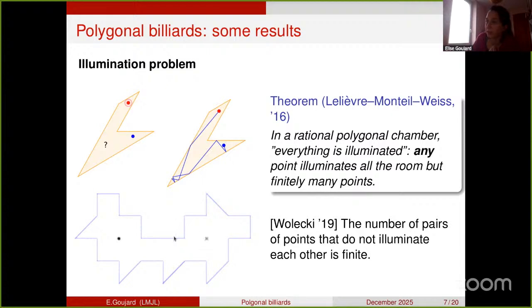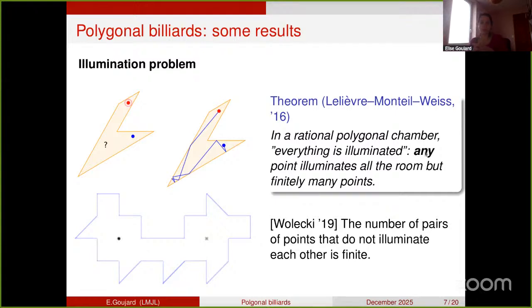If you consider this particular shape, there is no billiard trajectory between these two points. This is an example due to Tokarsky. And later, Wolecki showed that the number of pairs of points that do not illuminate each other is finite, actually. So this is even stronger.